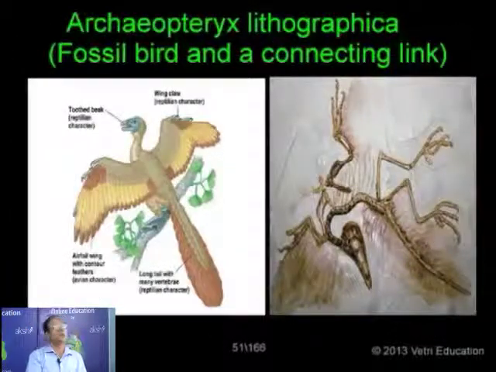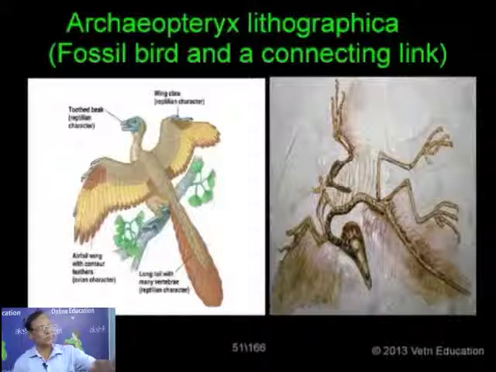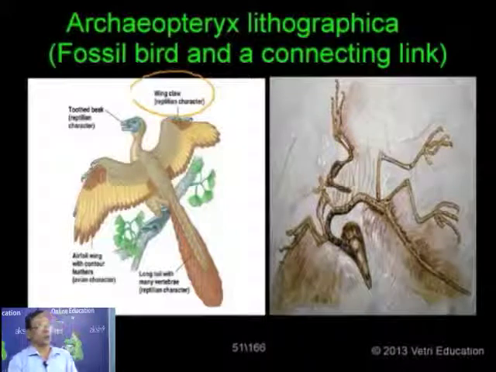Now here is the photograph of Archaeopteryx lithographica, a fossil bird and a connecting link. You can see the specimen collected, which is nothing but the imprints, and also the picture. One of the reptilian characters is in the wings, where we have claws.